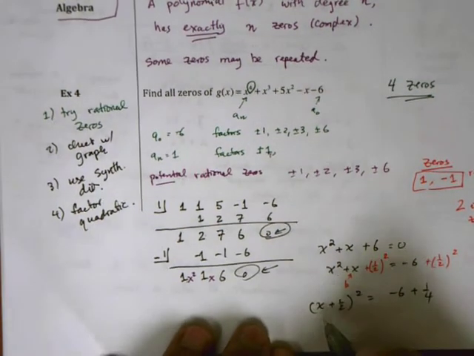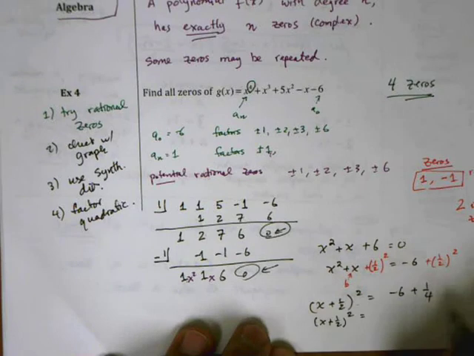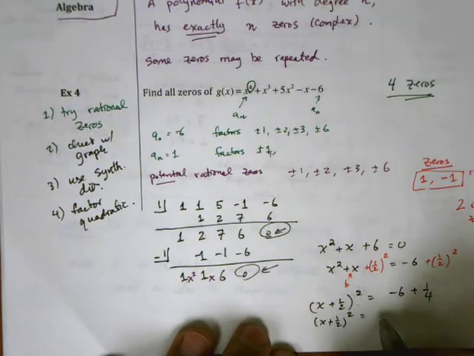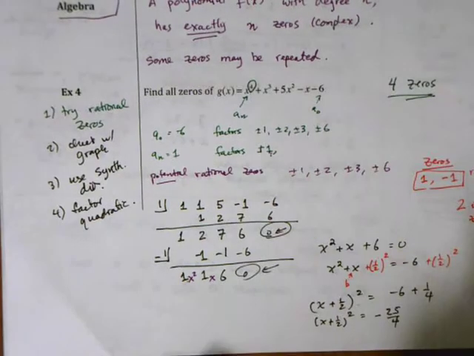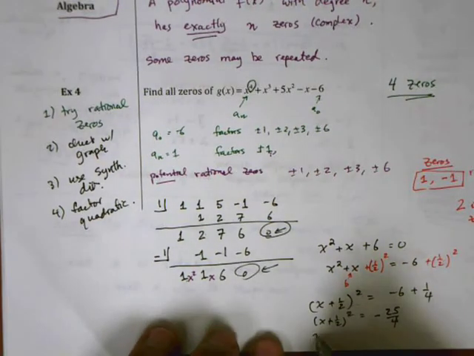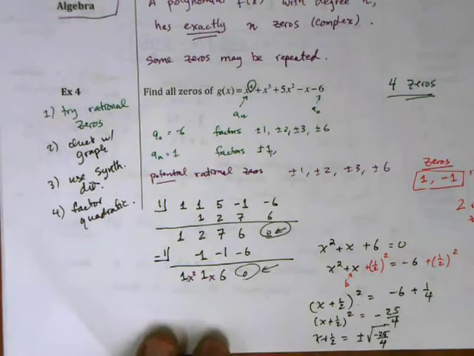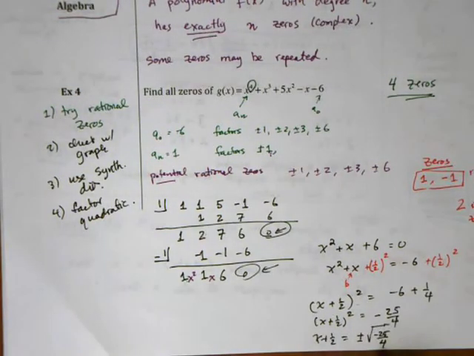So it's going to give me x plus 1/2 squared equals negative 6 plus 1/4, which is negative 25/4. When I take the square root of both sides, it's going to give me x plus 1/2 equals plus or minus the square root of negative 25 over 4, which is just 5 over 2i.